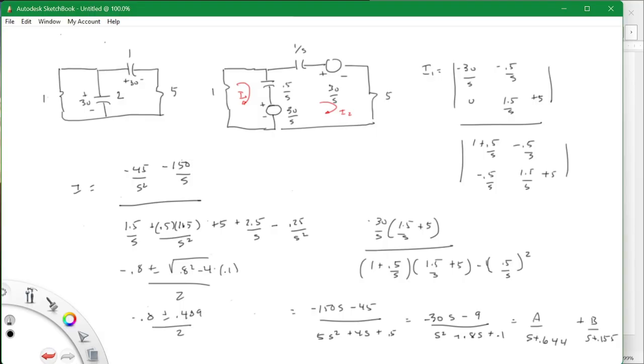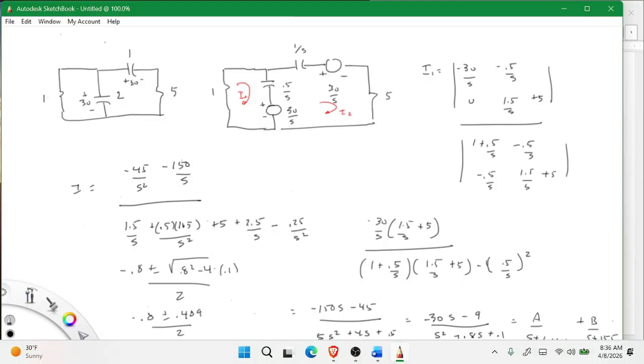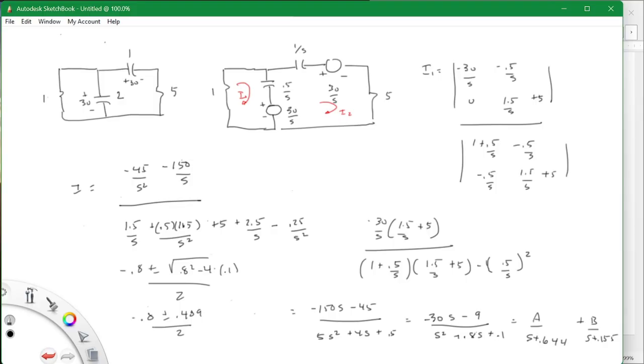You're done. So here you plug in, S equals minus 0.644.